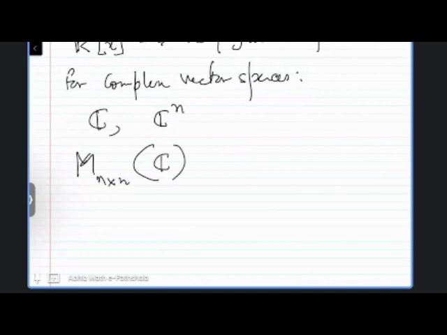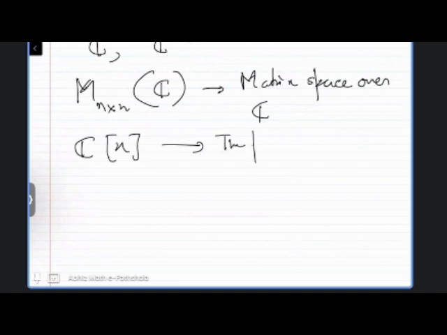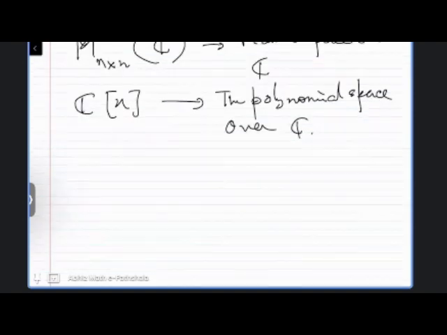We take the set of all matrices over C having entries in the complex field, the matrix space over C. Suppose you take the polynomials having entries in C, so the polynomial space over C. Okay. So these are all complex vector spaces.